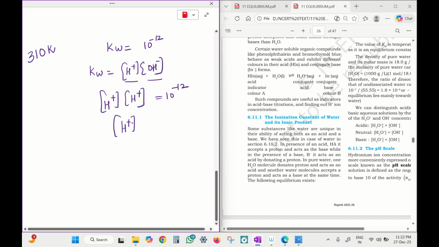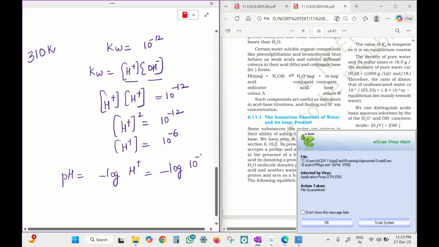In other words, H+ ion concentration squared is equal to 10 to the power minus 12, and H+ ion concentration will become equal to 10 to the power minus 6, which is the square root of 10 to the power minus 12. Now, if you take the pH, which is the negative logarithm of hydrogen ion concentration, it will be minus log of 10 to the power minus 6, which will give me 6.